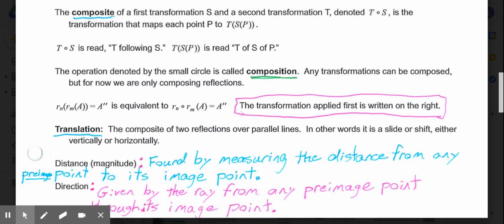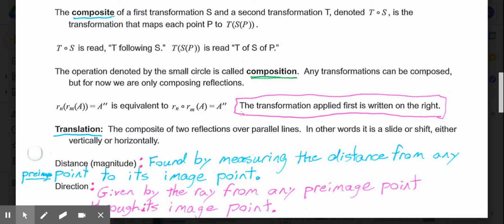So simply put in geometry, you can think of a translation as the result after we do composites over parallel lines, but really it's just a slide or a shift of the original figure. Just like you would see in that original activity from triangle ABC to A double prime, B double prime, C double prime, it was just a slide down the paper or a shift.